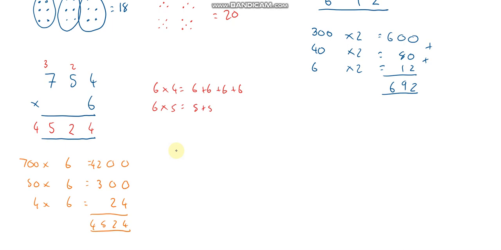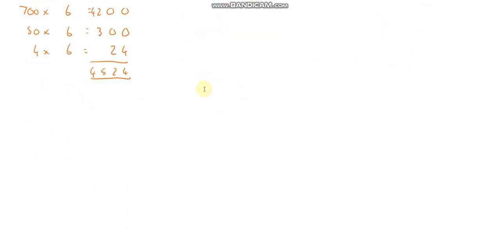I've got 5 plus 5 plus 5 plus 5 plus 5 plus 5. And you can just add them as you go. 10, 15, 20, 25, 30. 6, 12, 18, 24. There's lots of different ways to do this, and you can break it up on the side. Okay? But if you know your times tables, that would really, really help.